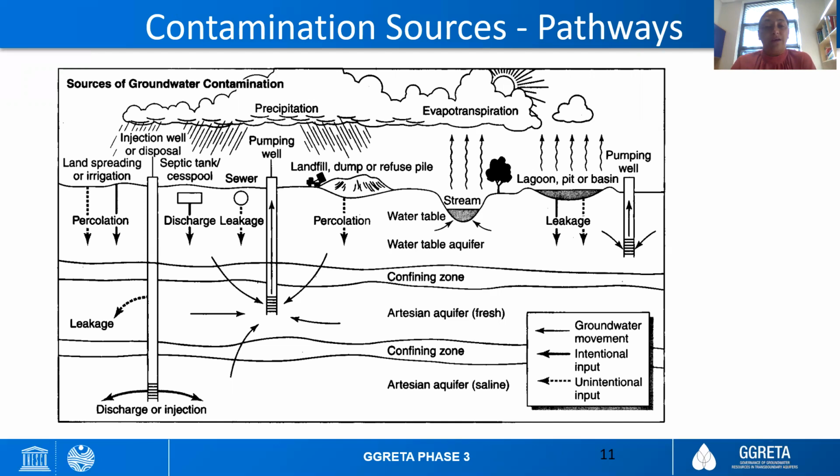This would serve as a protection because it's an impermeable layer, which means to some extent, whatever enters into our water table aquifer might not go beyond that confining zone. When we have boreholes that penetrate through our confining layers, this might be a conduit for some of the pollutants to possibly leak into other areas.